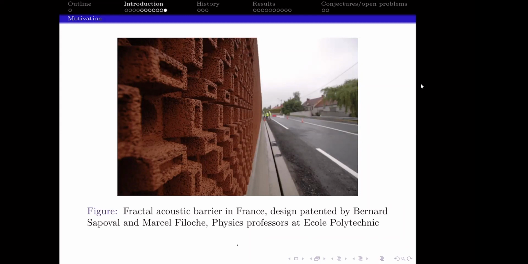Whenever noise hits the wall, it will vibrate, like an eigenfunction, but you want to make sure the vibrations are localized in smaller and smaller spots. That's the point of noise absorption. So they came up with this shape where the localization is captured in smaller and smaller spots. So this is for real. A very amazing application of these localization phenomena, a real application of what we are talking about.